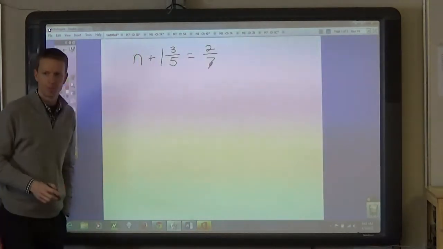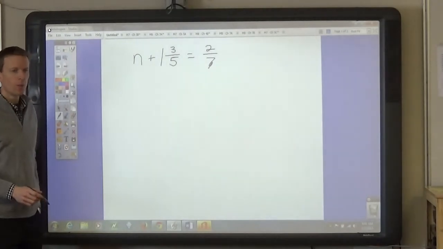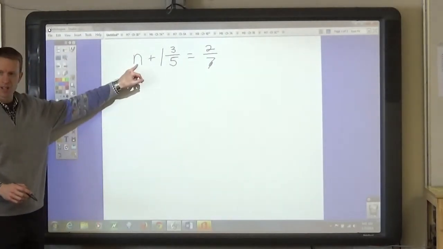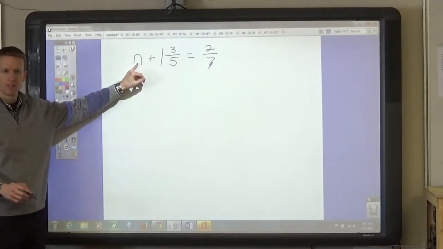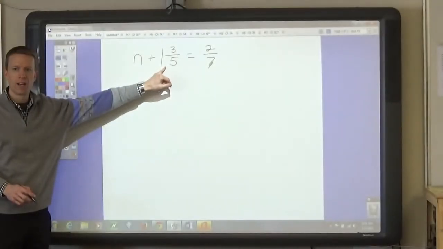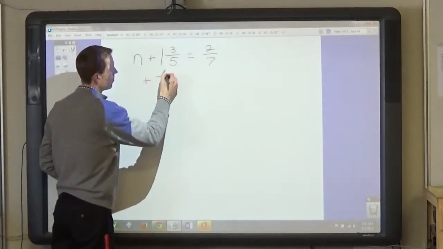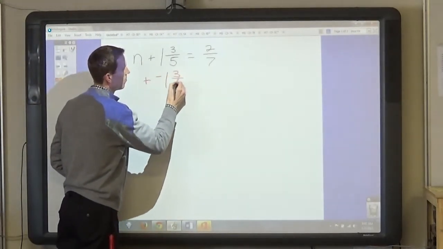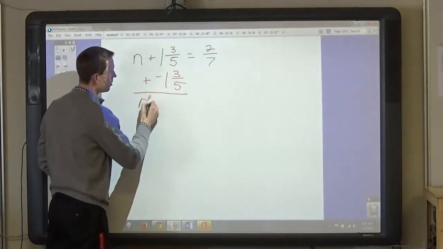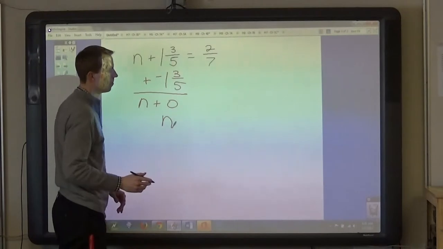Let's do that. Okay. Now, what would we do to get the variable by itself? We'd add negative 1 and 3/5, right? So that equals n plus 0, which is n.